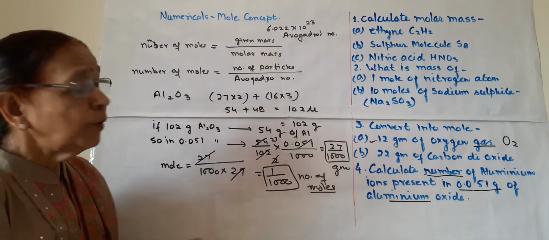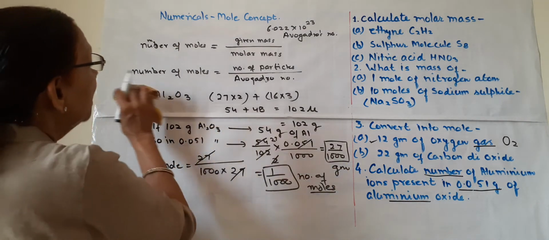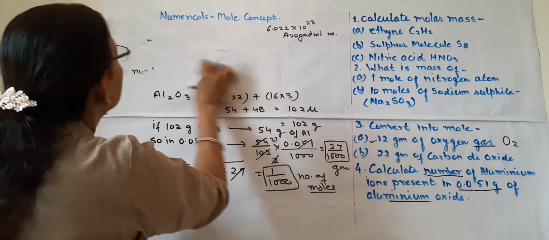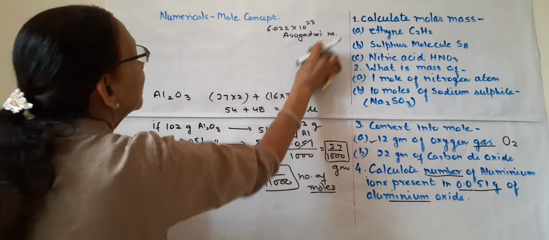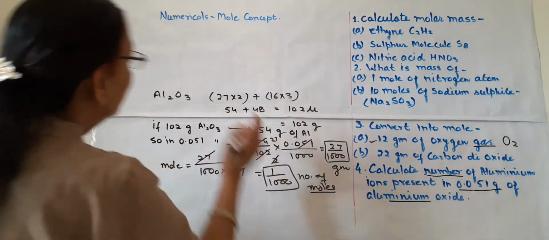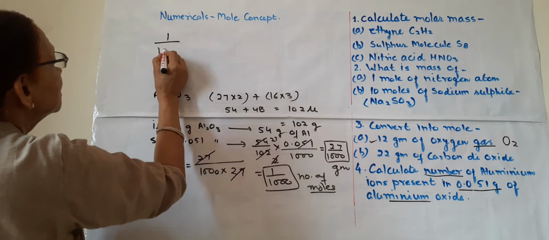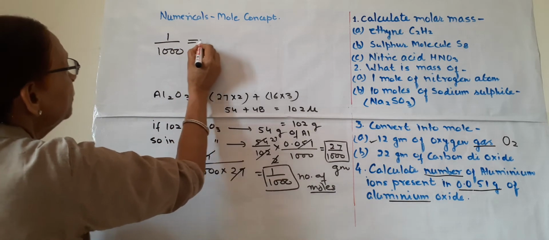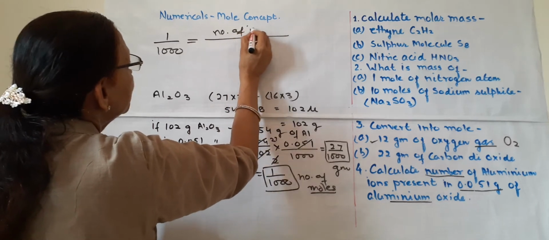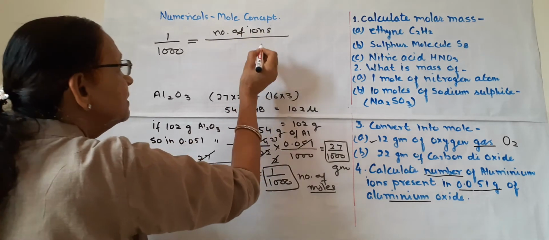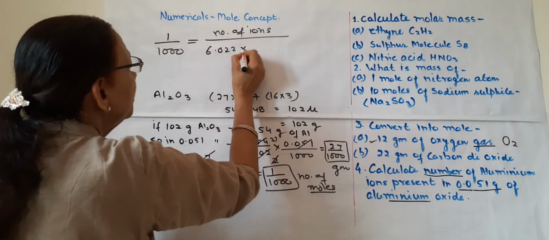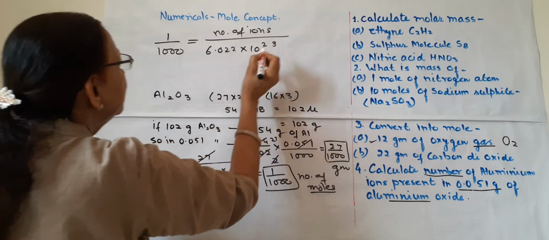Now we want to know the number of aluminium ions or aluminium particles. So we will use the second formula. Number of moles is equal to number of particles, here number of ions, divided by Avogadro's number, 6.022 into 10 raised to power 23.